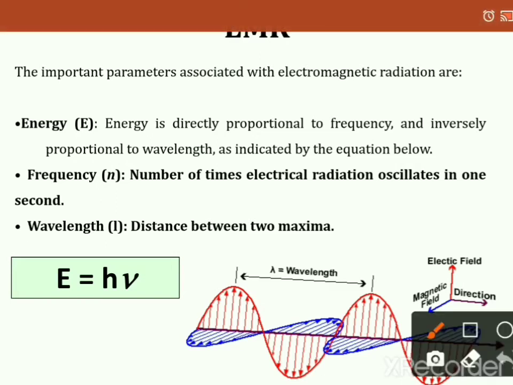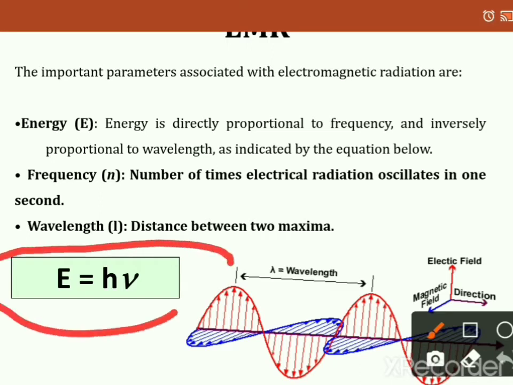Now, energy is directly proportional to frequency and inversely proportional to wavelength, and it is indicated by the equation below. In this equation, E is equal to h nu, where E is energy, h is the Planck constant, and nu is the frequency of radiation.